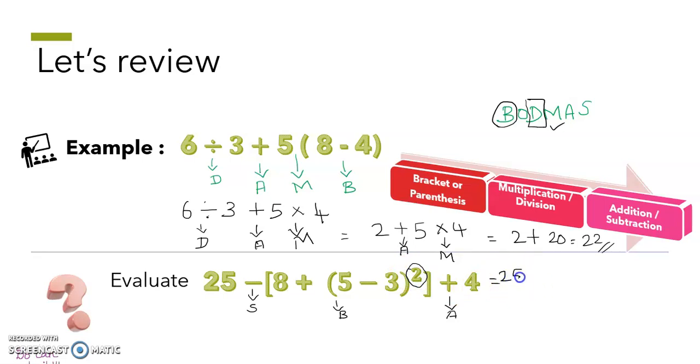So 25 minus 8 plus 5 minus 3, the whole power, which is 5 minus 3 is 2. 2 power 2 is 4 plus 4. So we have a subtraction, still we have a bracket and an addition. So try to remove the bracket first. Always remember the rule, BODMAS. 8 plus 4 is 12.